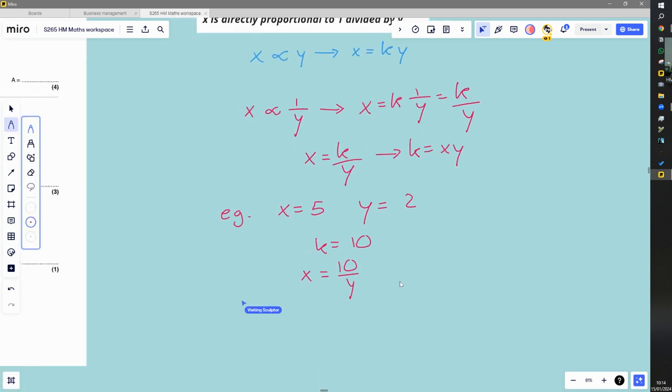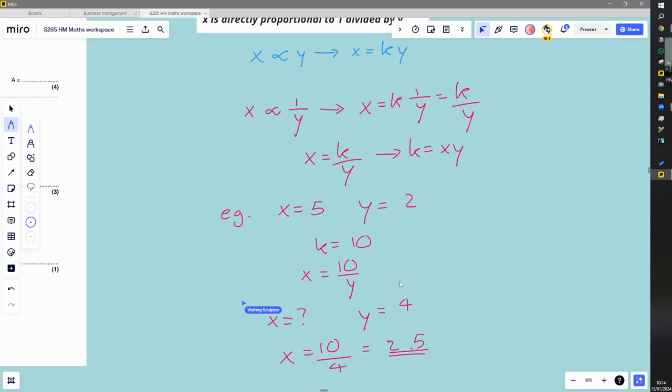So if they followed up and said, well, what is x when y is, let's say, 4? Well, we're going to just use the equation. X is equal to 10 over 4. 10 over 4 is 2.5.